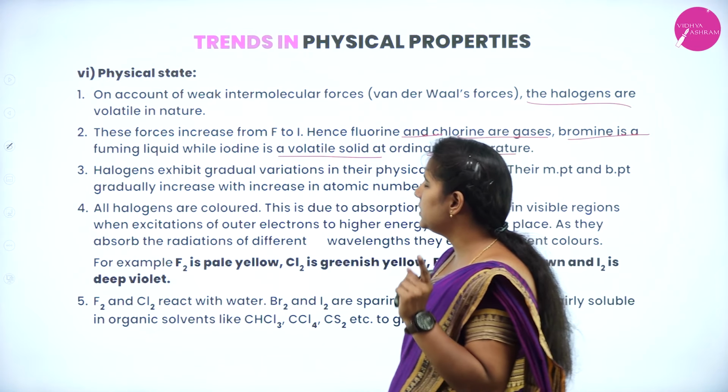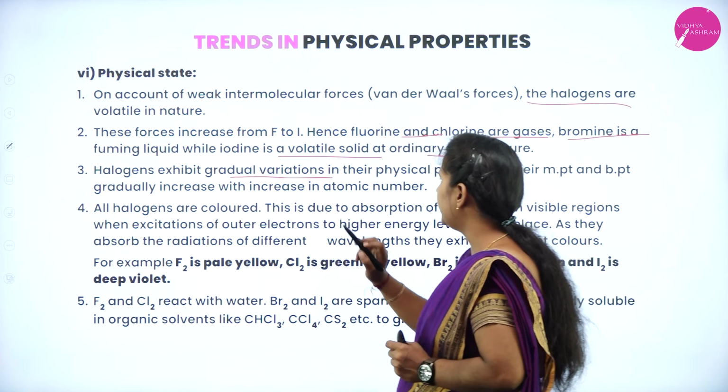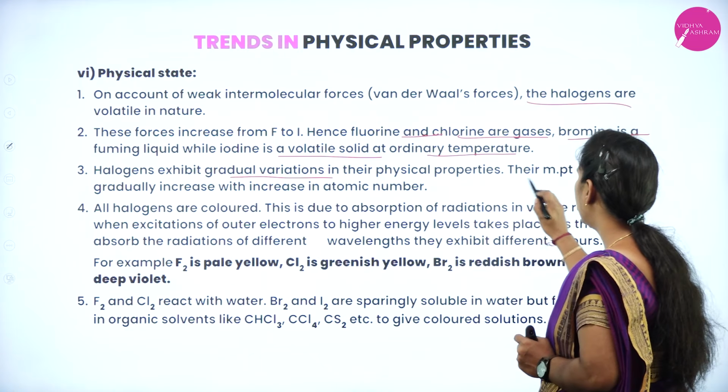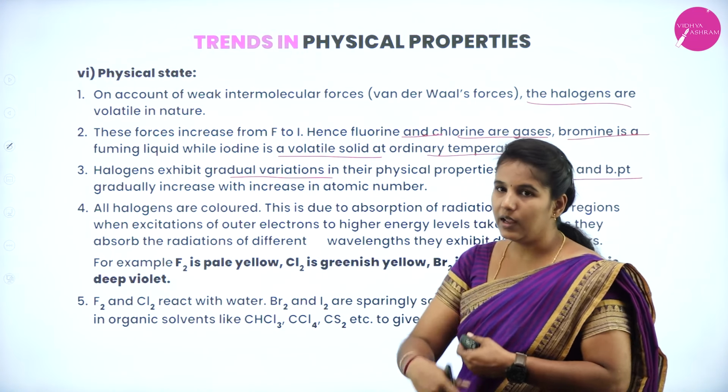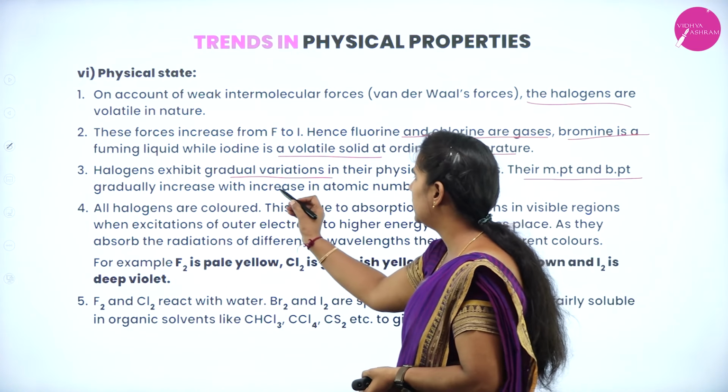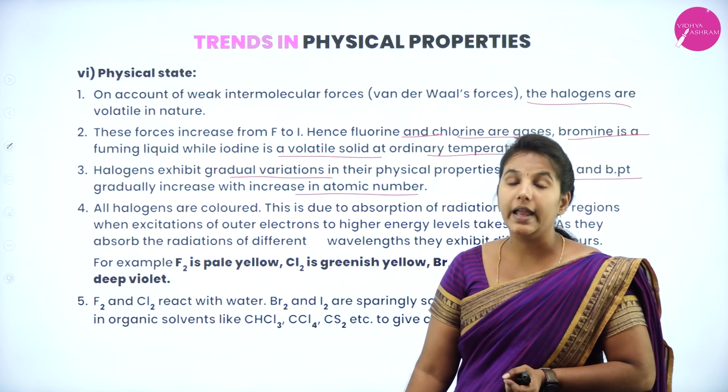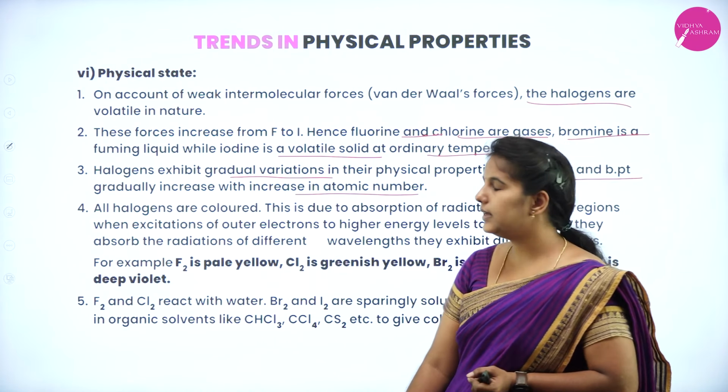And halogens exhibit gradual variations in their physical properties, and their melting point and boiling point gradually increase down the group because of the increase in atomic number.